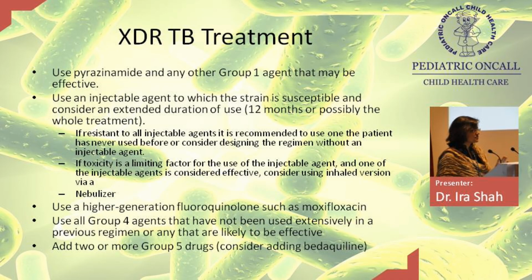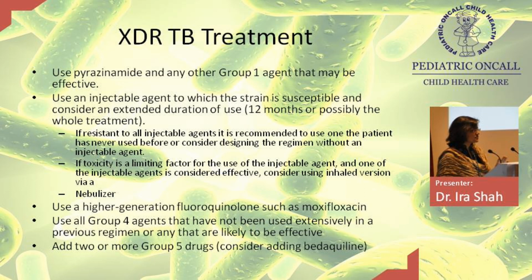XDR TB treatment: use any group 1 agent which is working. INH and rifampicin are not working, so ethambutol or pyrazinamide. If amikacin is resistant, use capreomycin. If all 3 injectables are resistant, then you would have to use an injectable which you never used before, or probably not use an injectable.